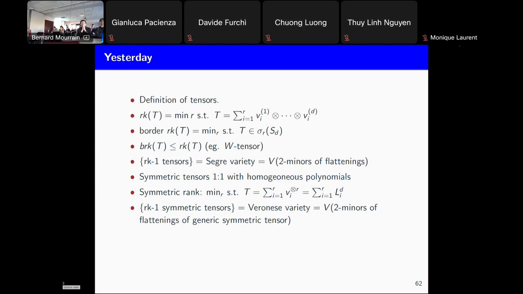Now I start introducing some tools. The first tool is something that we have also seen yesterday with Bernard, but I'm using a slightly different language. It's really very similar, actually the same thing for some parts, but in a slightly different language.